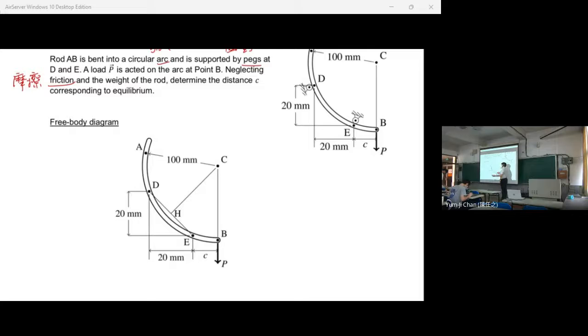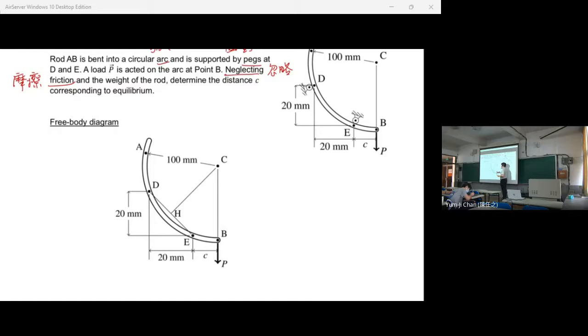So what you need to do is to mark the forces. Of course, we have a force P here at point B, and where do we have the other forces?